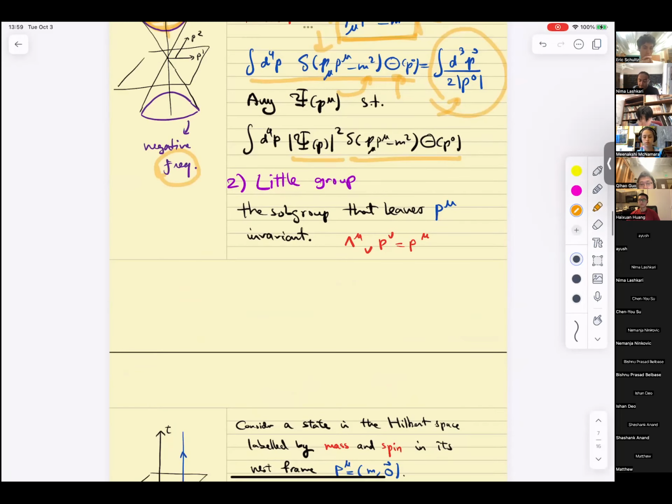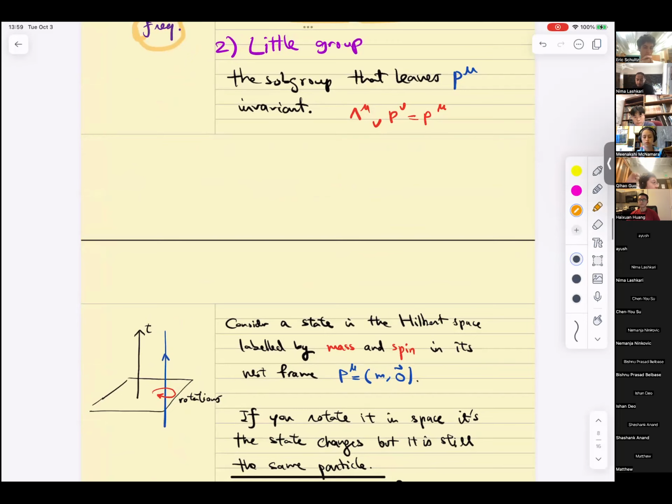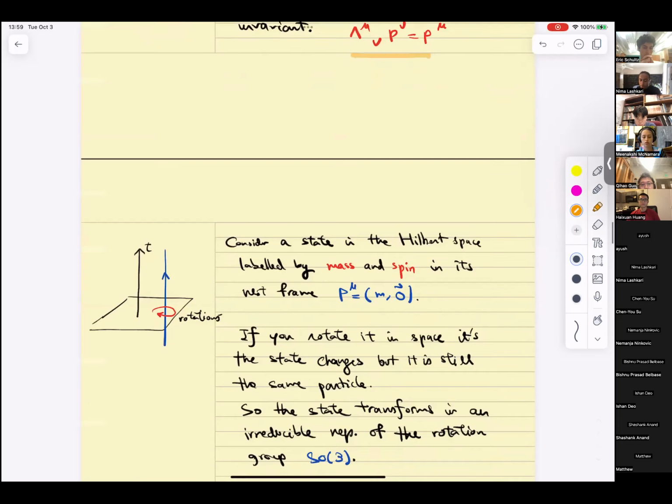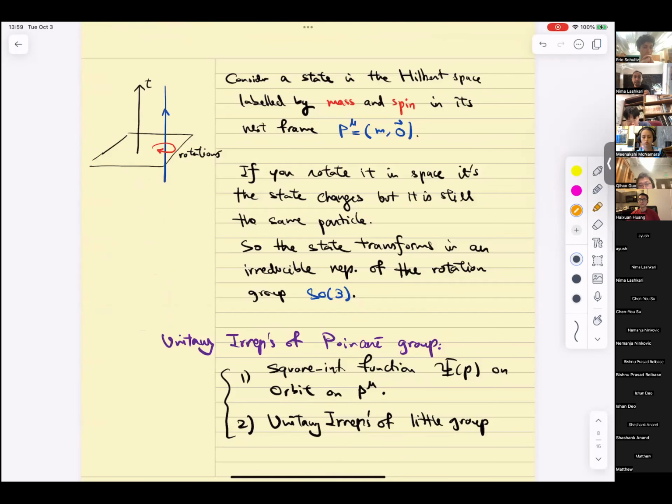All right, so now let's get to the little group. The little group is the subgroup that leaves p mu, the 4-vector, invariant. Let's simplify our life and focus on the case where the state has mass and spin, and it's in its rest frame. So this is what the four-momentum is.